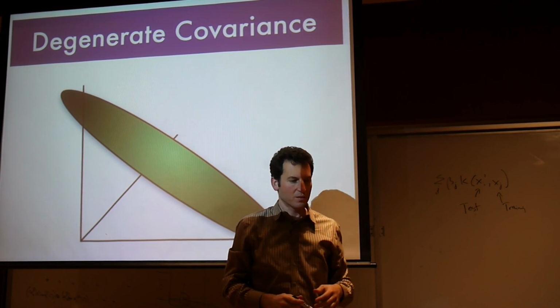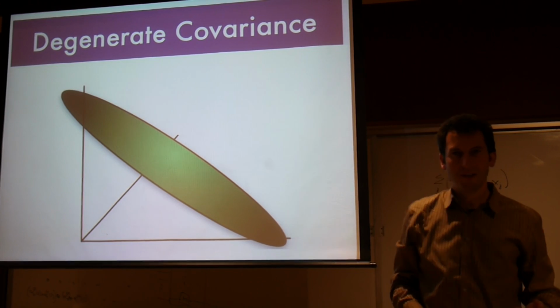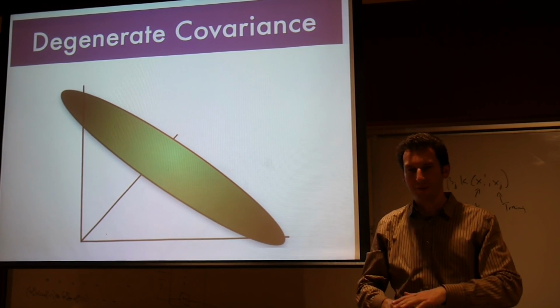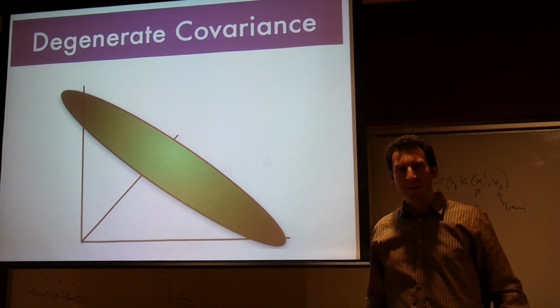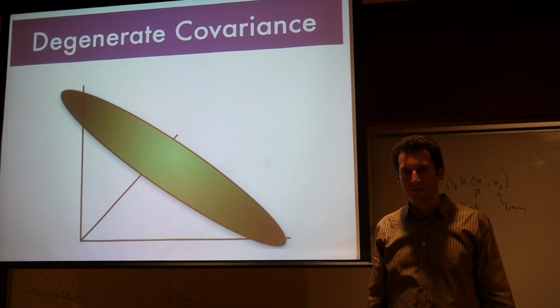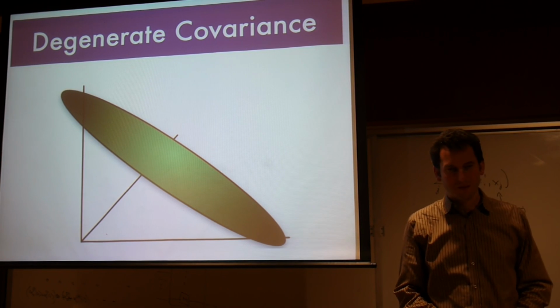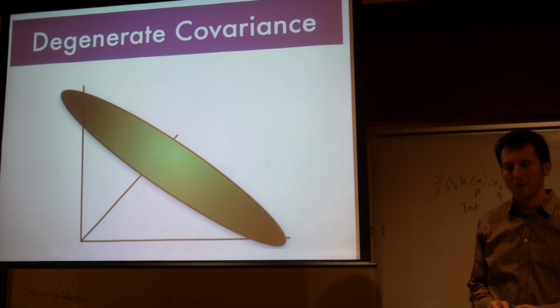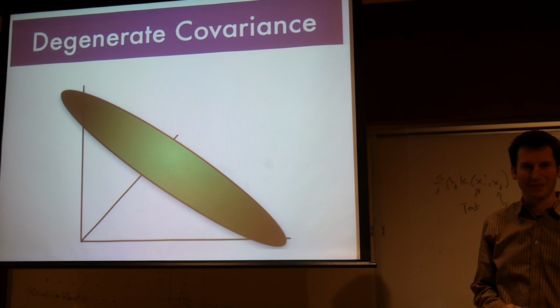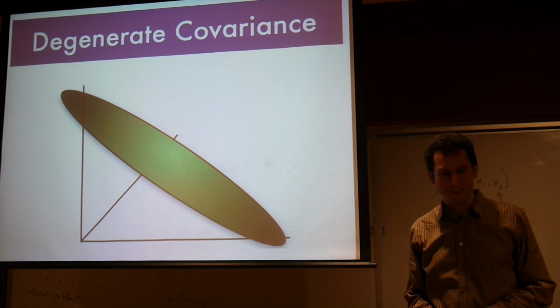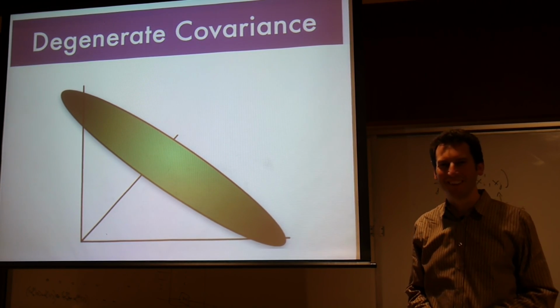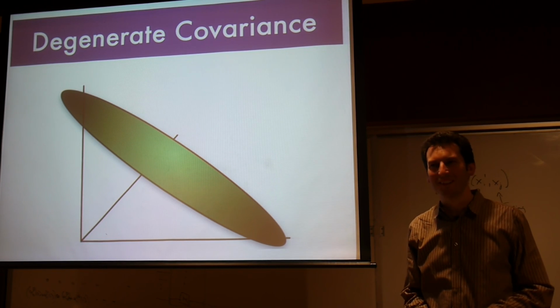And the bad thing is, if you then observe something that's not on that plane, its likelihood is 0. So your model just doesn't work. Does anybody have an idea of what one could do in order to fix it? By the way, looking ahead at the next slide does not count. Anybody has an idea?